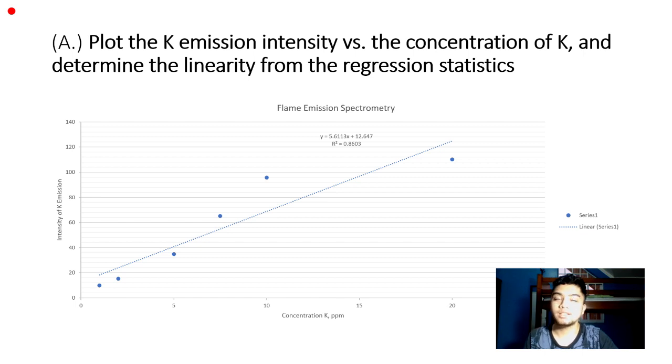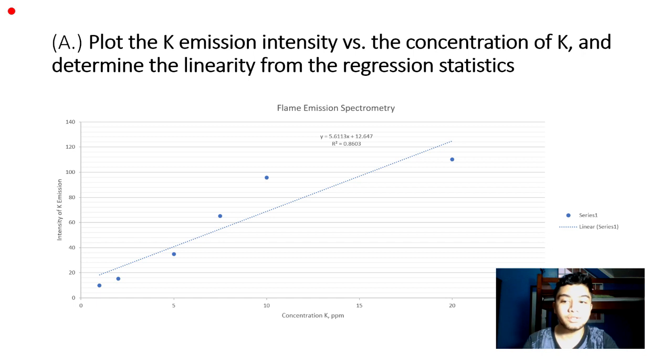Since it was asked to determine its linearity using linear regression statistics, what I did was plot all of the data in Excel and use the LINEST formula. So, calculations taken from Excel.